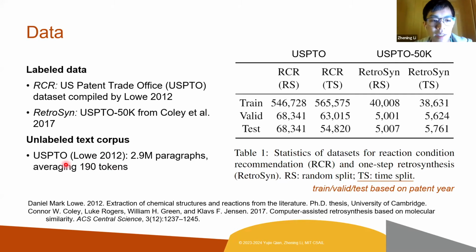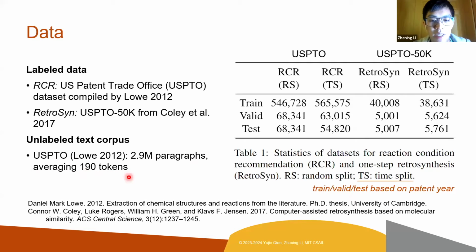They have compiled a lot of data from the published patents and organized them into many, many paragraphs, about 4 times as many paragraphs as there are of labeled training data for RC, 2.9 million. And every paragraph averages about 190 tokens.